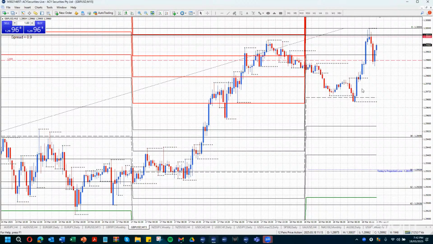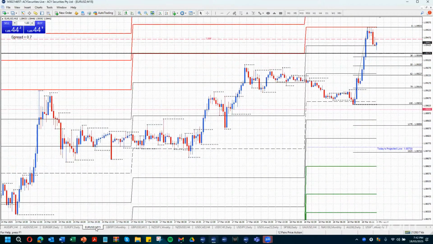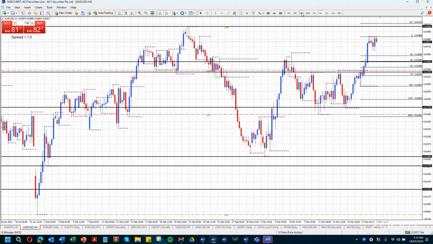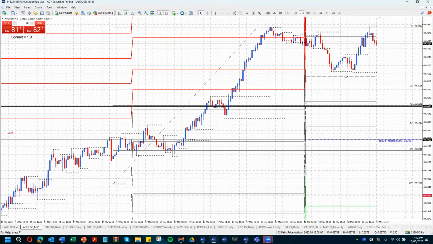But I've said this time and time again, in strong trending pairs, price will only pull back to the central pivot point. Seen on the pound today, seen on the euro today and yesterday, and the Aussie couldn't quite get down to the central pivot point, so that's just proving that it's strong. What does the New Zealand dollar do?